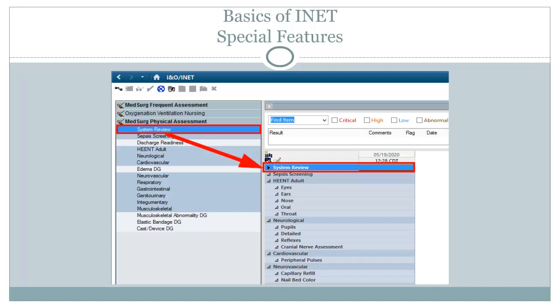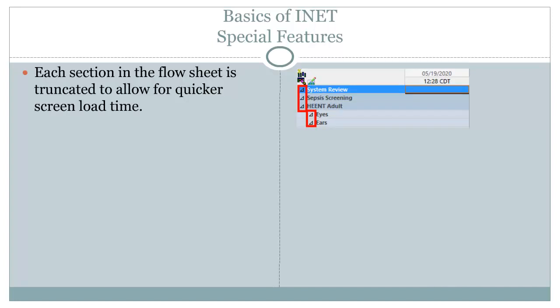You see a triangle that is pointing towards system review, and you also see a hollow triangle beneath that under sepsis screening, HEENT adults, etc. Those triangles indicate that there is more to document underneath those headers.